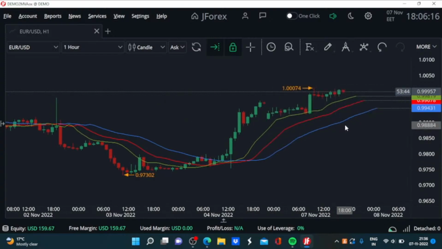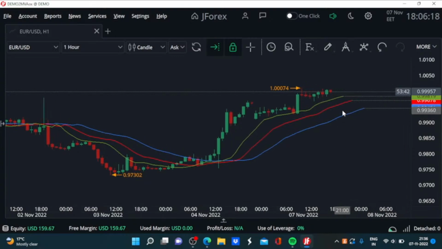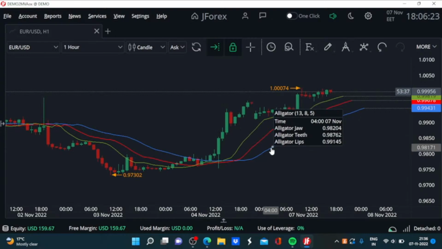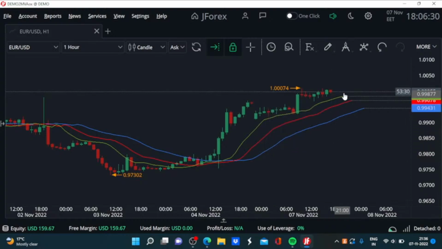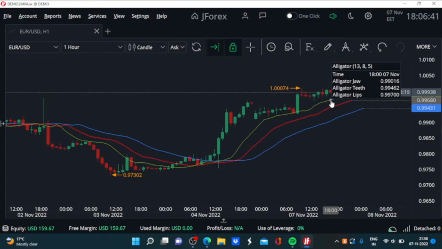Now, these three lines are simply moving averages with the calculation periods of 13, 8, and 5, which are cast into the future. So these values are cast into the future. If the current alligator jaw value is at 0.9970, it gets cast into the future by three candle periods.